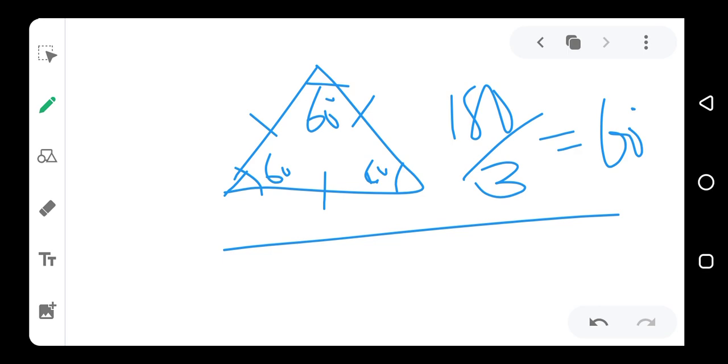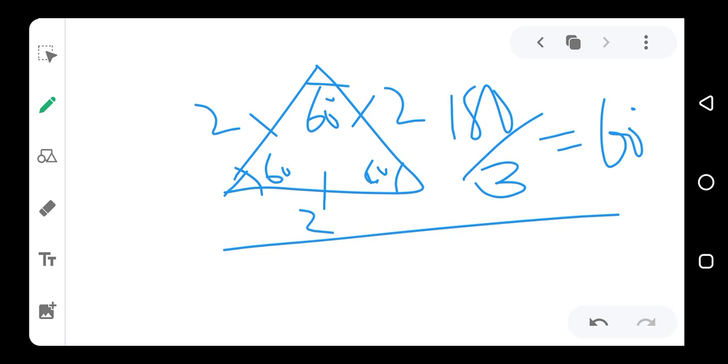Now, assuming that the lengths are 2, 2, 2, if one of the sides is 2, then the others will also be 2.